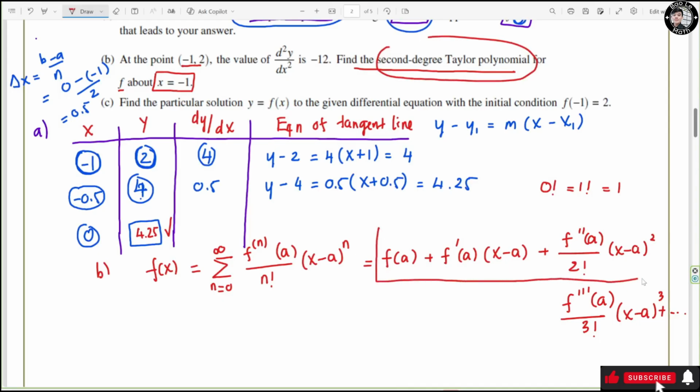This is the Taylor series for f of x about x equals a, right? So you have a right here, you have a right here, right?